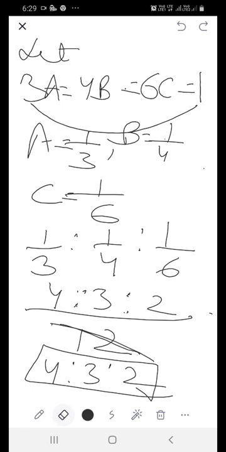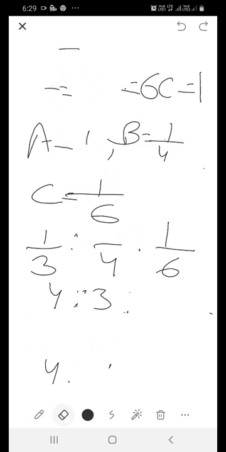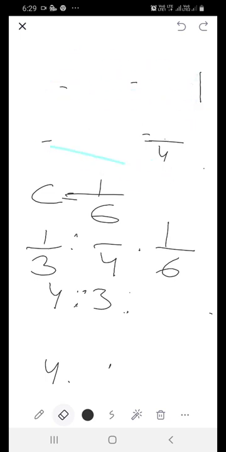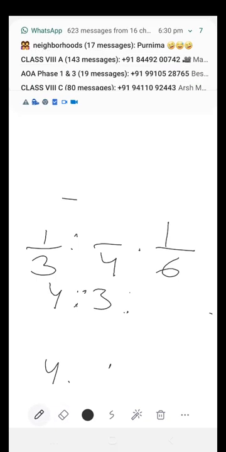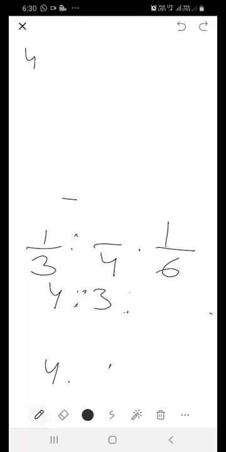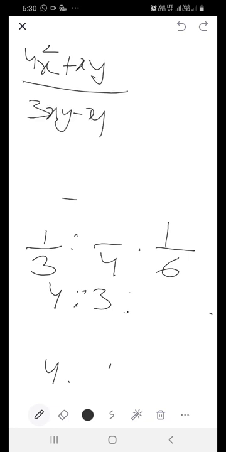Now in question number 12, it is given that (4x square plus xy) upon (3xy minus y square) is equal to 12 upon 5.